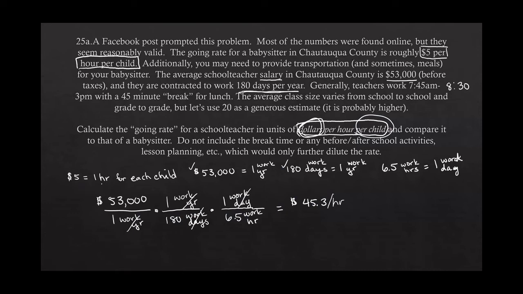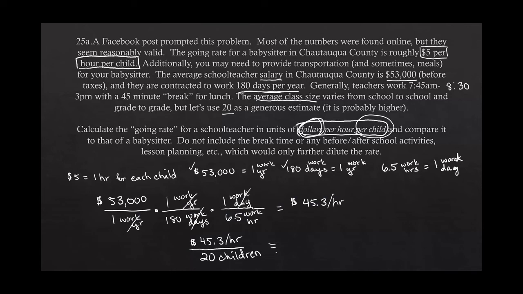So we're going to take this rate that we have, the $45.3 per hour, and we need to make it per child. And we said as an estimate, we were going to have 20 as the average class size. So that'll be 20 children.